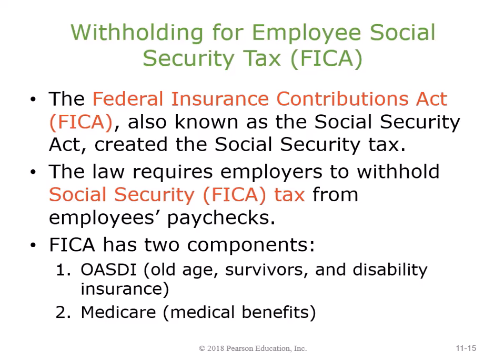The way that the Social Security program works, employees contribute to the Social Security fund throughout their working years. And then when they retire, they are eligible to receive benefits based on the amounts that they contributed to the program.